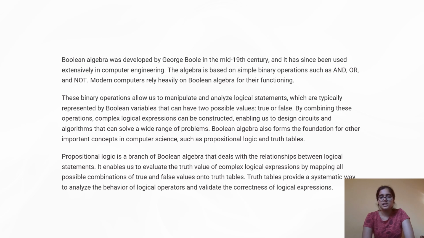It enables us to evaluate the truth value of complex logical expressions by mapping all the possible combinations of true and false values onto truth tables. The truth table provides a systematic way to analyze the behavior of logical operations and validate the correctness of logical expressions.